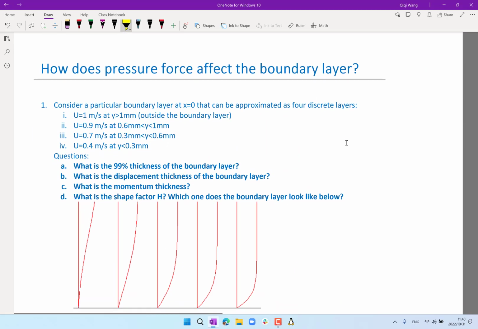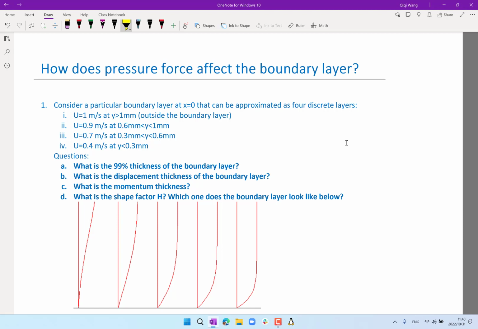Here's the exercise I'll ask you to work on. Of course it's very difficult to analyze the pressure forces for every velocity at all different y's, right? So let's do an approximation. Let's just think about the u outside the boundary layer as 1 meter per second when y is greater than 1 millimeter.